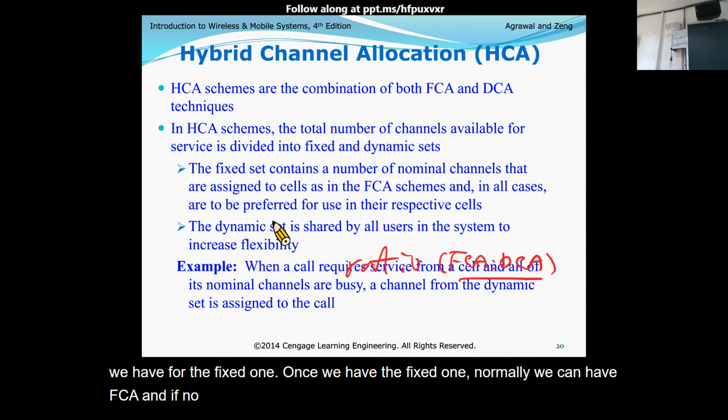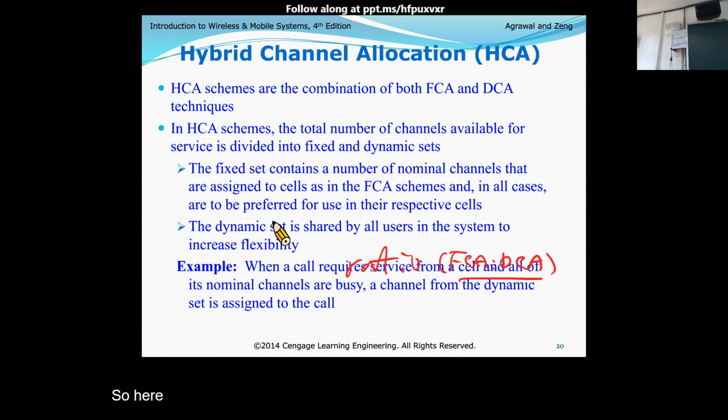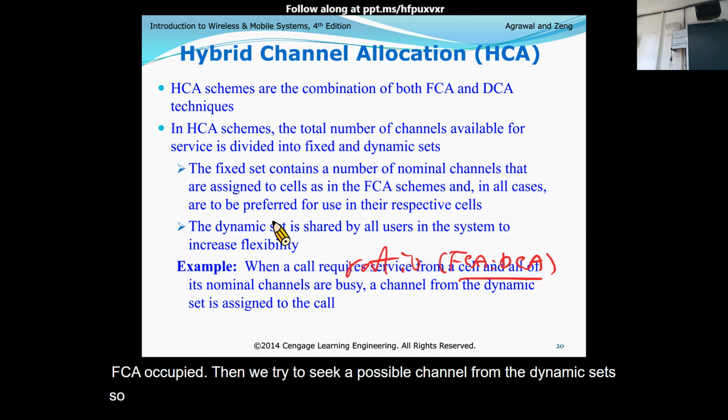on DCA. So here it says, a call requires service from a cell. If all the channels based on FCA are occupied, then we try to seek a possible channel from the dynamic sets. So it says regular sets based on FCA, is anyone available?